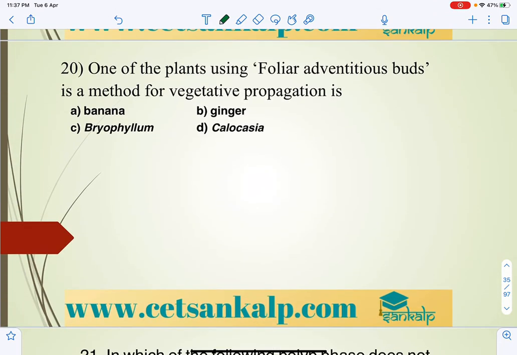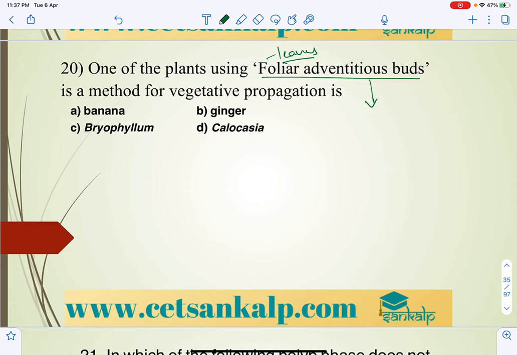Next, a plant using foliar adventitious buds. Foliar means leaves, so the buds are obtained on the leaf. Adventitious buds, I already mentioned.